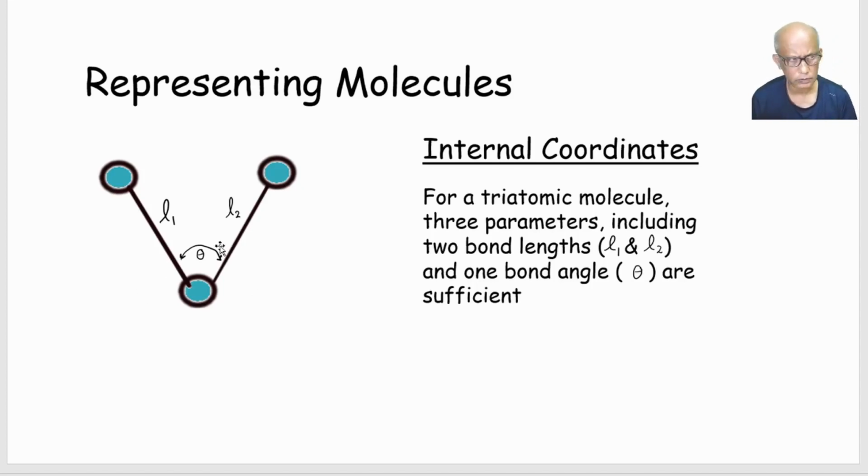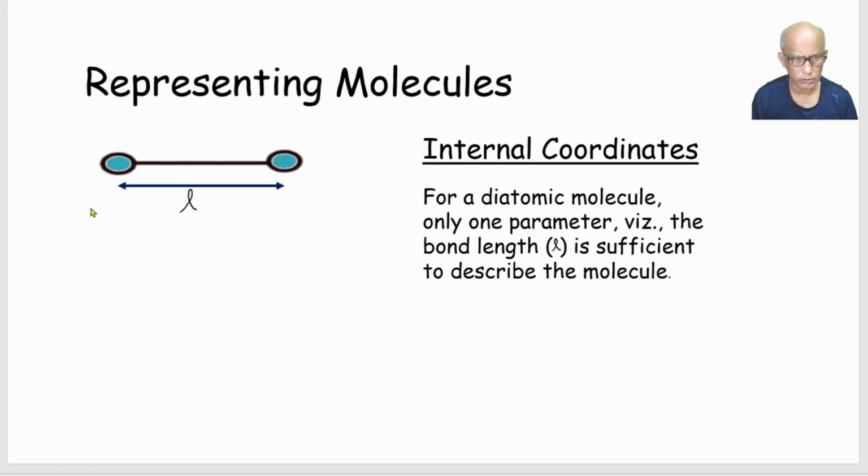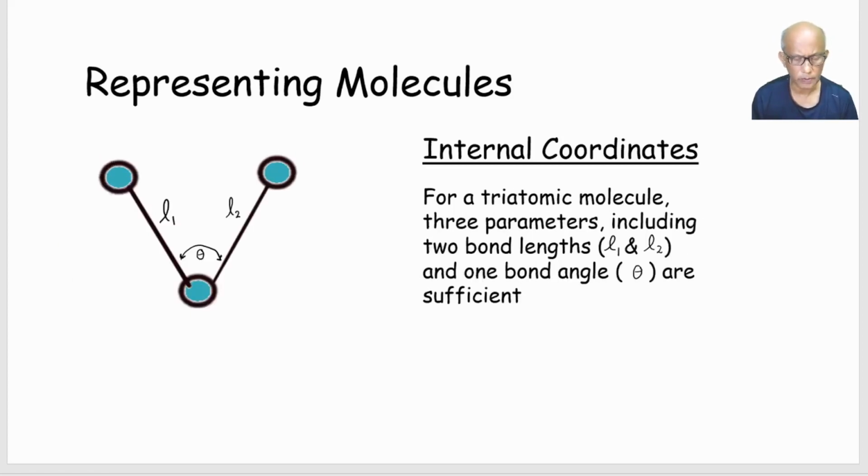Now, when you talk about a diatomic or a triatomic, we call them internal coordinates. The reason we call them internal coordinates is that there is no external frame out here which specifies the molecule. Whatever parameters we are going to talk about are within the molecule, internal to the molecule, and therefore these are called internal coordinates.